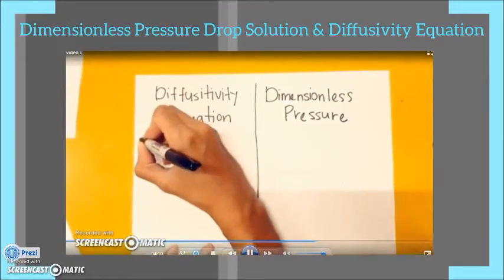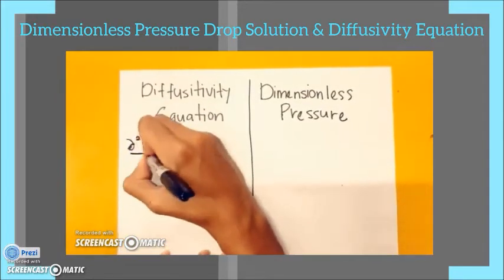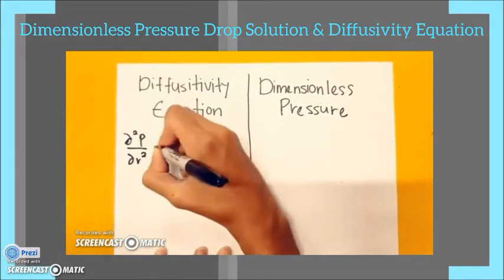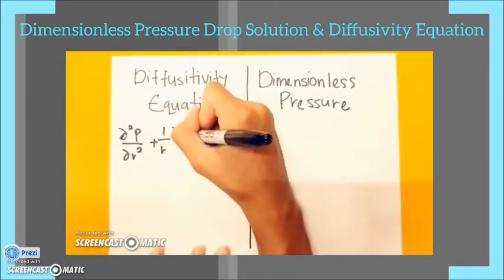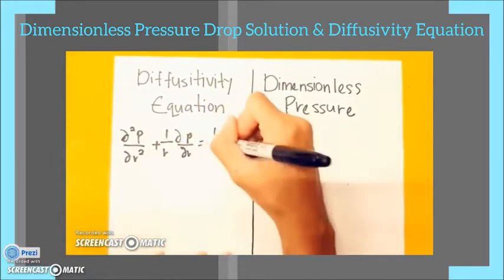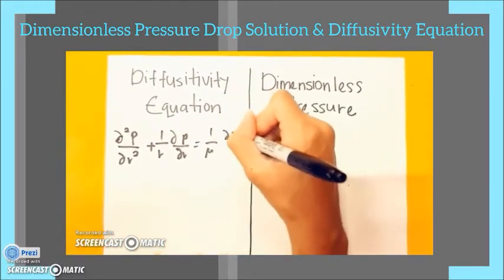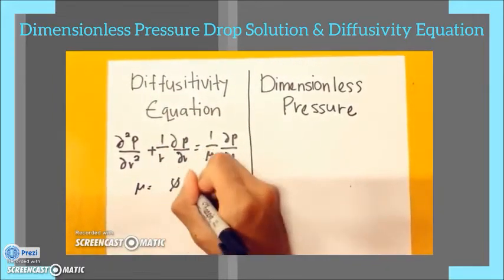Now that we know the dimensionless concept and the dimensionless pressure drop equation, let's take a look at the diffusivity equation, which is this, where 1 over n is this.